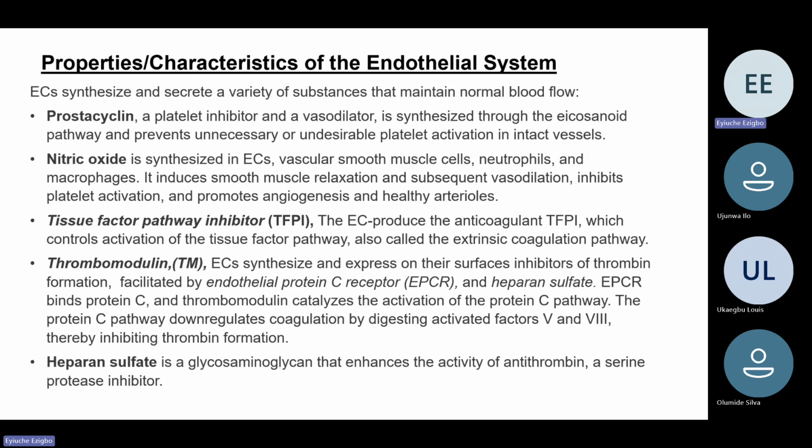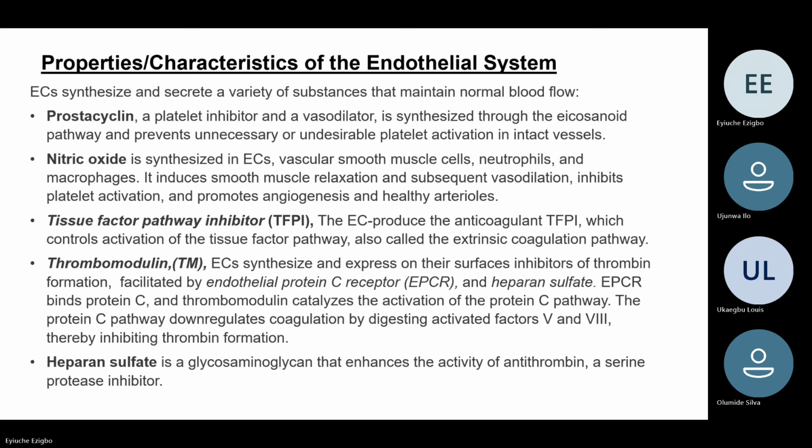So it contributes physically to maintaining the blood in a fluid state by the way it is arranged and its shape, by forming a physical barrier, and also by the substances it secretes. That is how the endothelial cells ensure that the blood remains fluid as it circulates in the body.